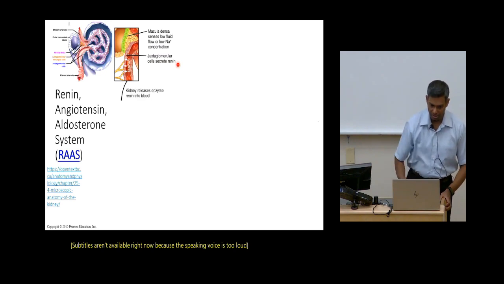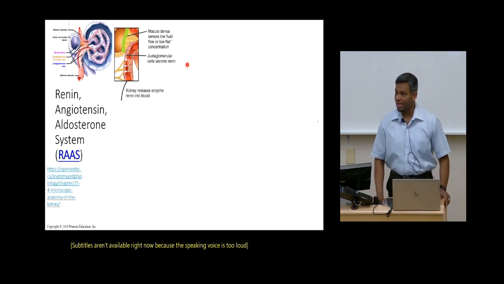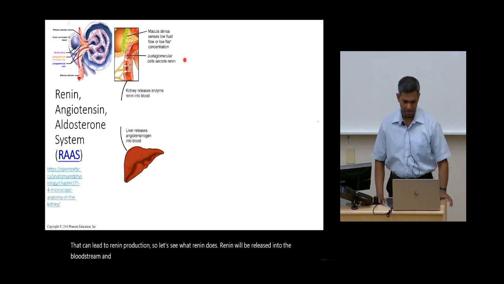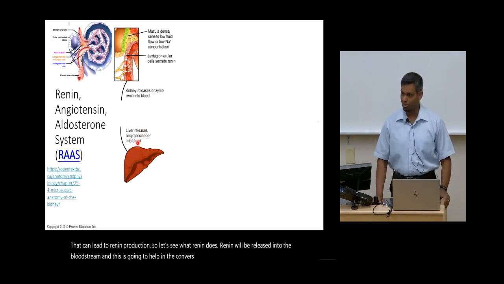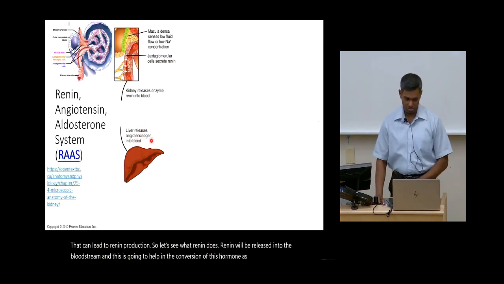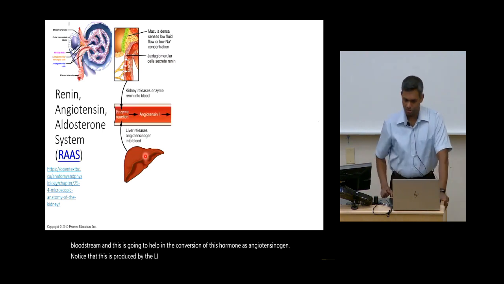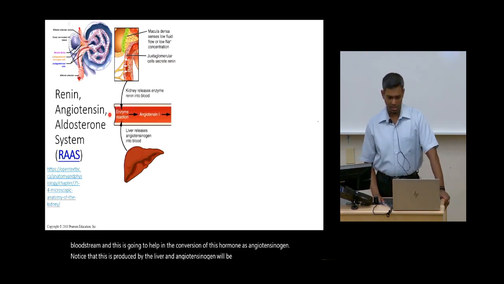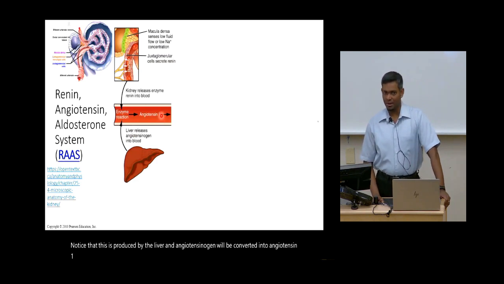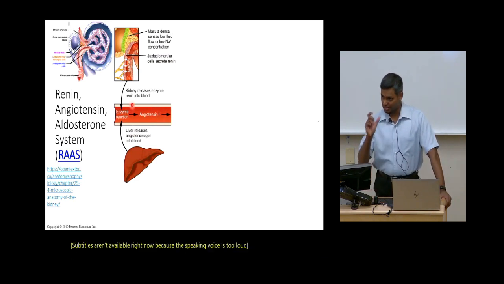Renin will be released into the bloodstream, and this is going to help in the conversion of this hormone known as angiotensinogen. Notice that this is produced by the liver, and angiotensinogen will be converted into angiotensin 1 by the action of renin. So renin is what converts angiotensinogen into angiotensin 1.